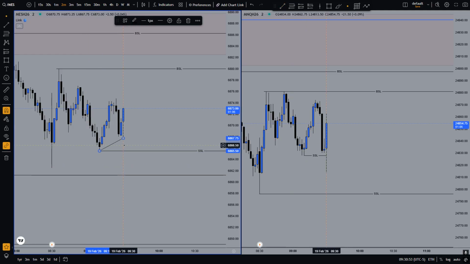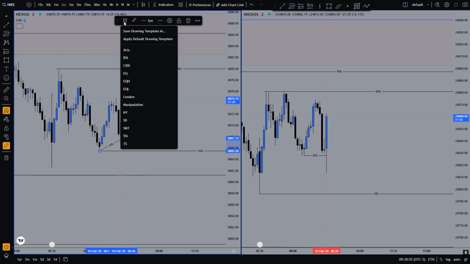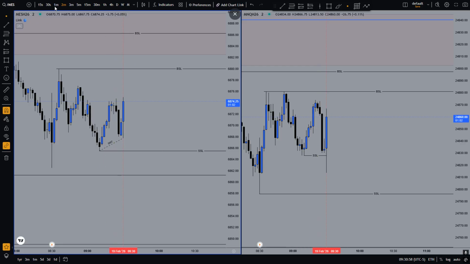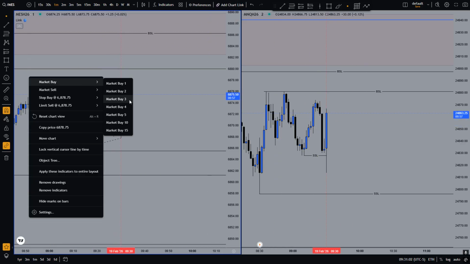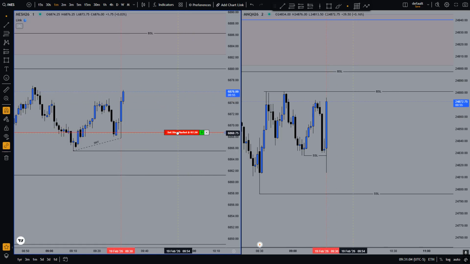So off this SMT, I want to see where we close here. A buy, couple contracts here.